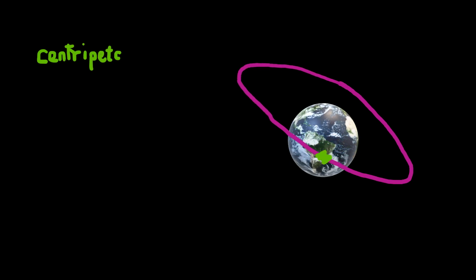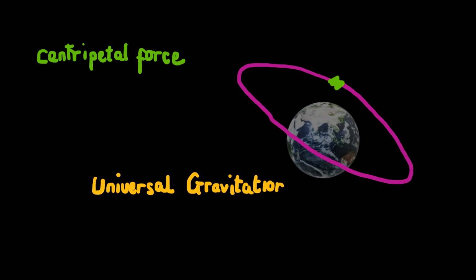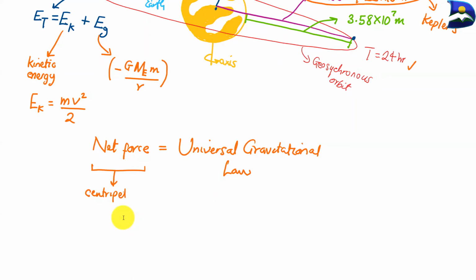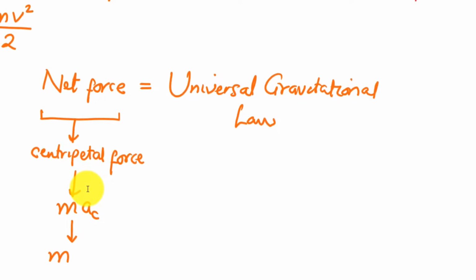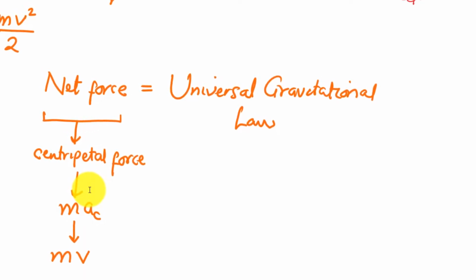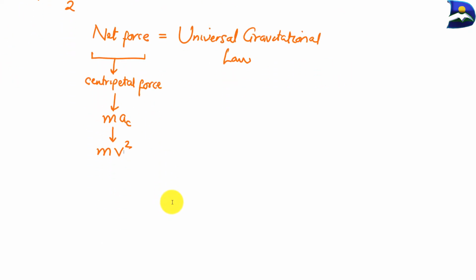Our net force shows that the centripetal force is at play, and it contains the centripetal acceleration, shown as m a_c. And m a_c is the same thing as m, where a_c is the centripetal acceleration, equal to v squared over r.